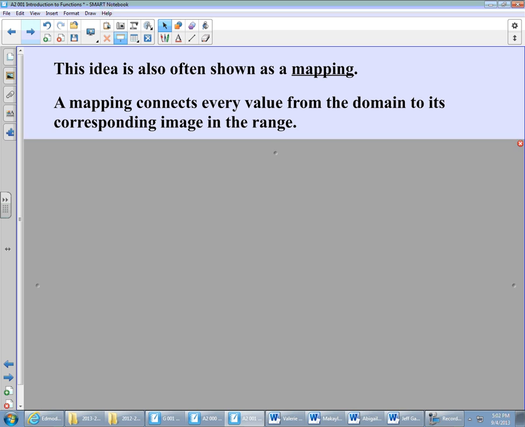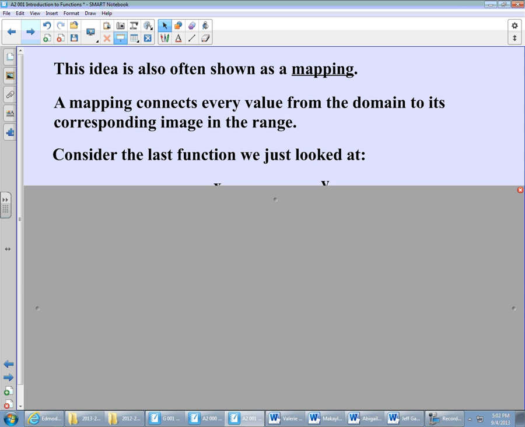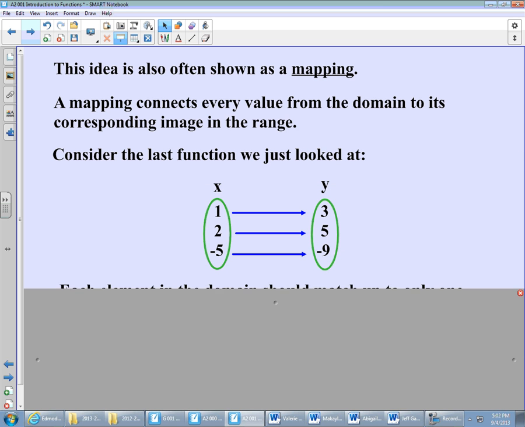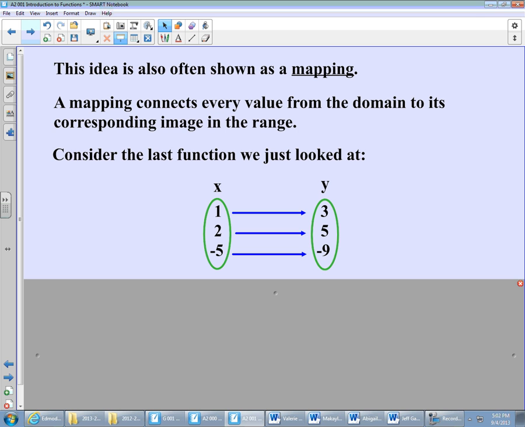Okay, so let's show you what this means. The last function we just looked at, y equals 2x plus 1. On the 3 examples I picked, we plugged in a 1 for x, a 2 for x, and a -5 for x. Those are x information. That is your independent variable. Remember, your x-axis is what we refer to as independent.